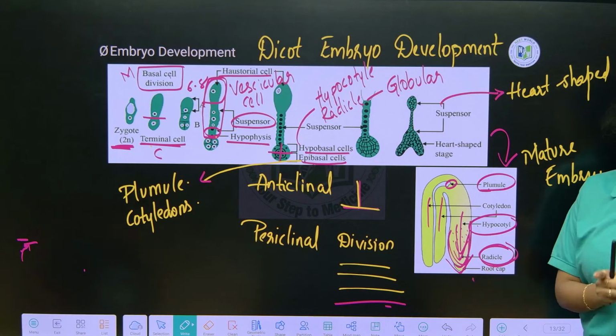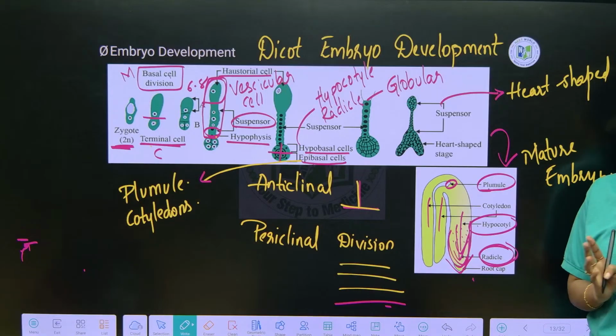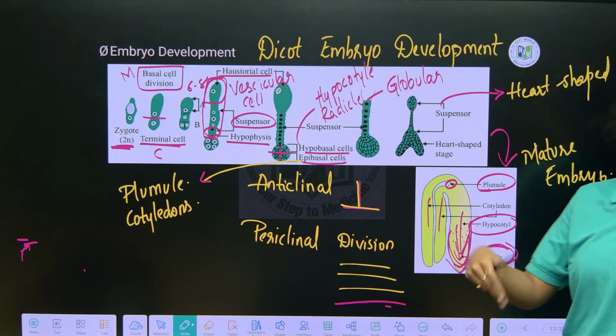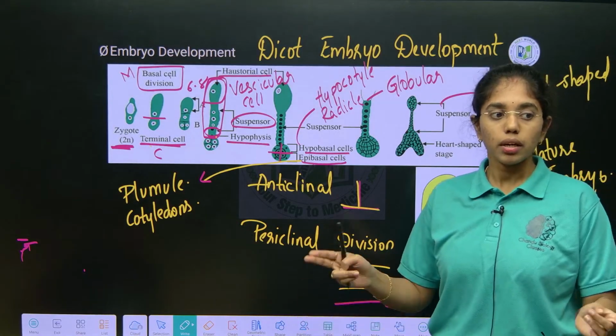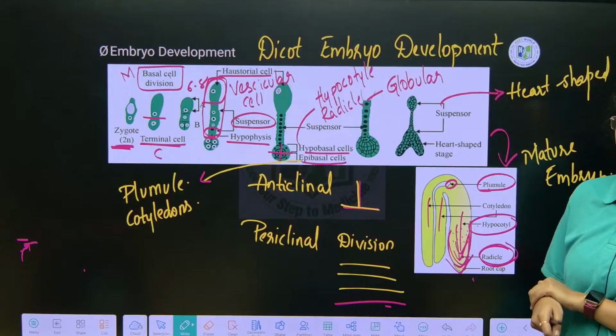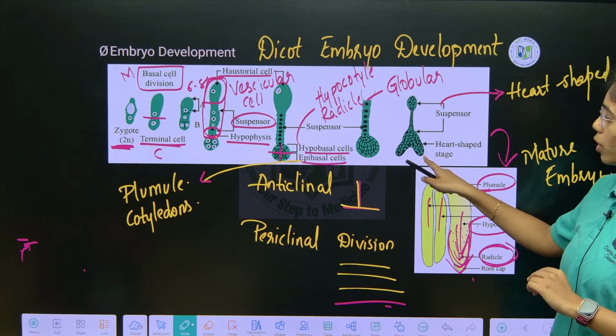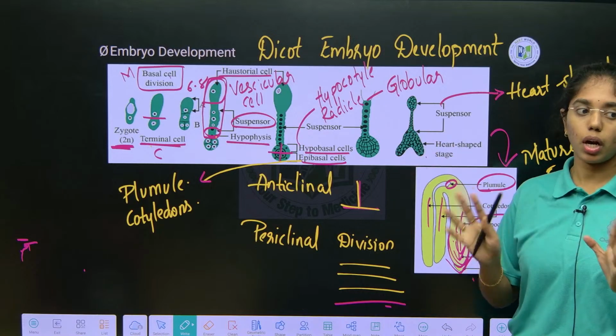Remember the diagrams carefully. You will get diagram based questions. Expectation is there. Previously you got diagram based questions in your NEET PYQs from morphology. We can expect from sexual reproduction of flowering plants this time. So here the heart shaped embryo you will see only in dicots, but you will not see it in monocots.